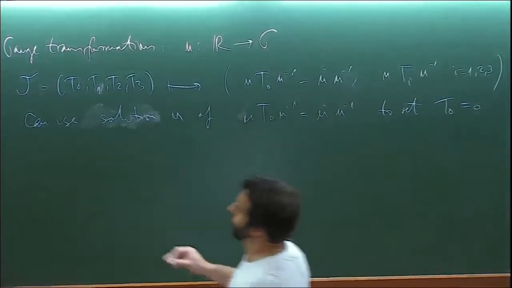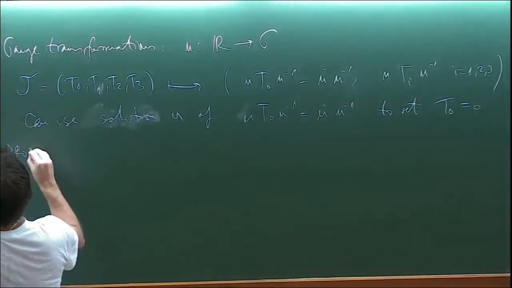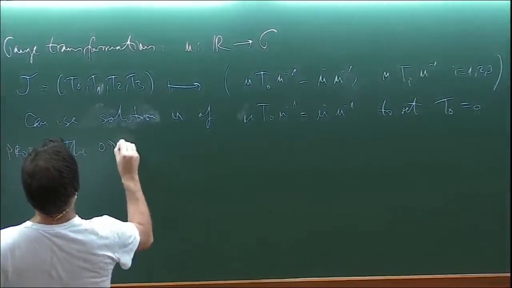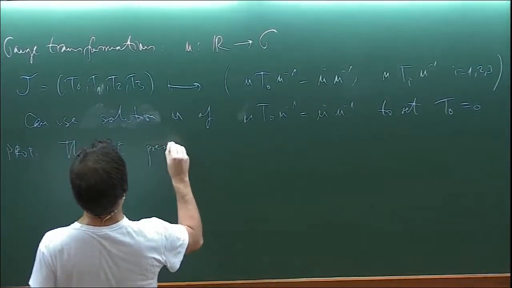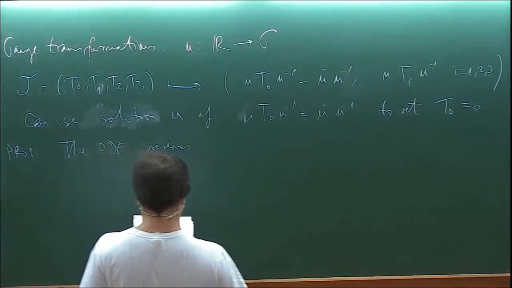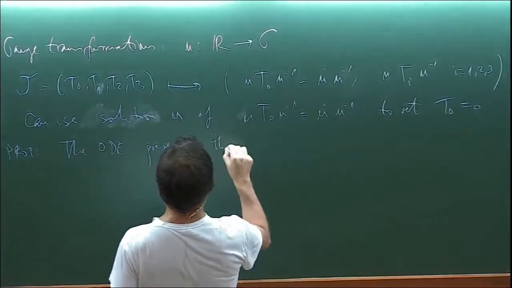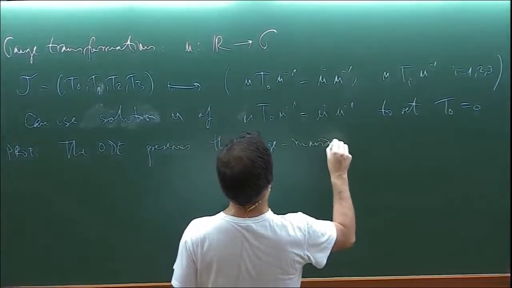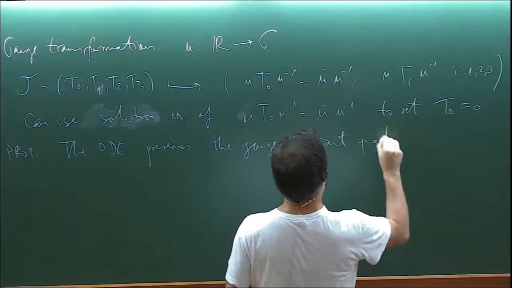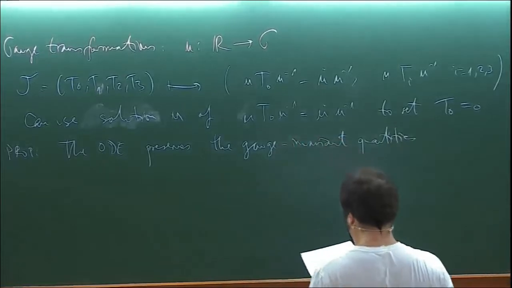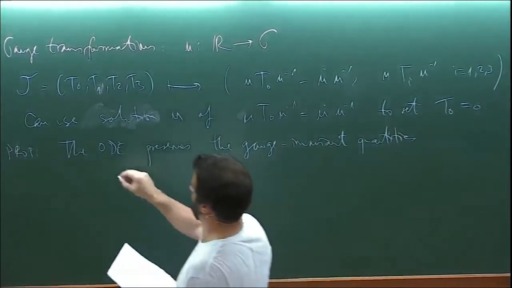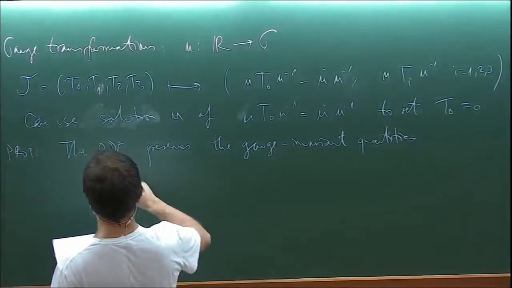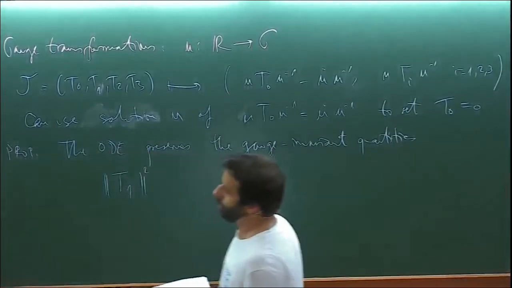Proposition. This ODE preserves the gauge invariant quantities: the norm squared of T1, and so on.